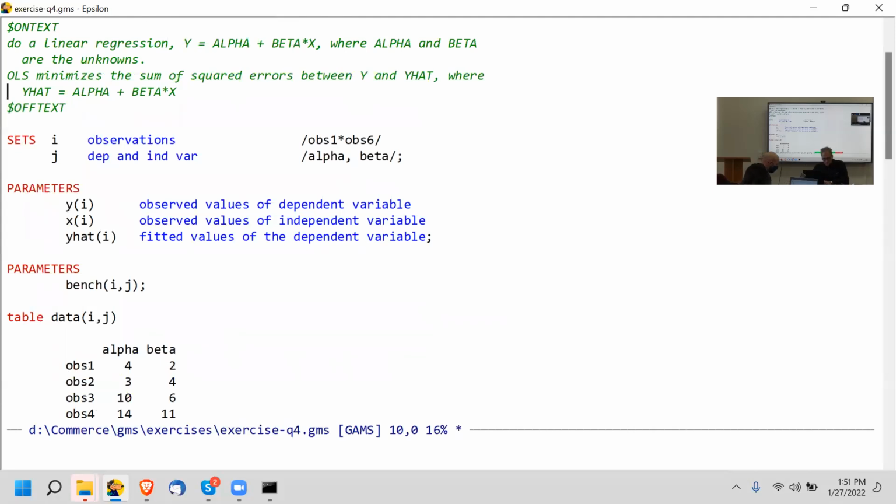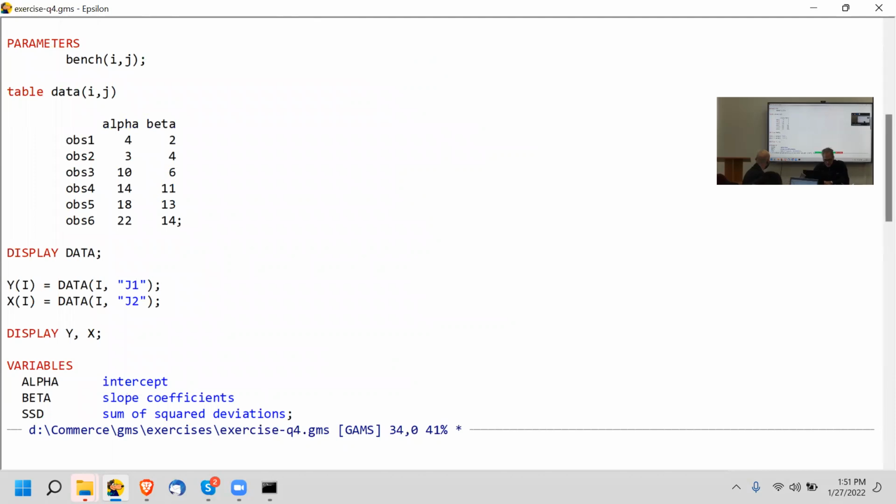Got it. So that gives us this stuff, and now down below, display data. And now there's the X. This should be Y and X. That's the data.